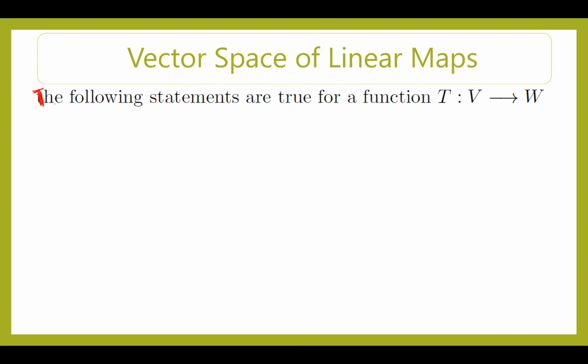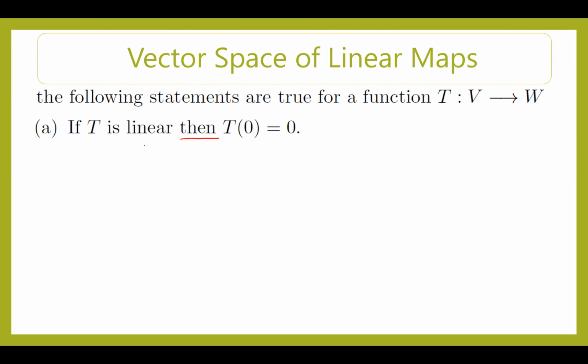The following statements are true for a function T from V to W. If T is a linear map, then T of 0 is 0. This is very, very important, and I'm going to tell you why it's important and how not to misuse it. I want you to pay attention to this word "then." This is not an if and only if statement.